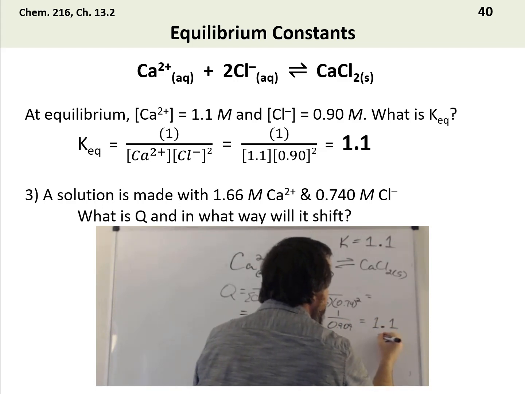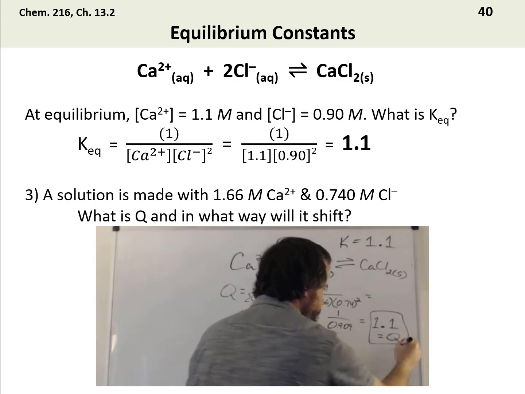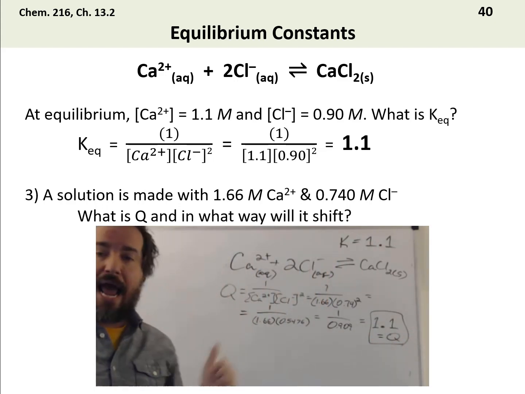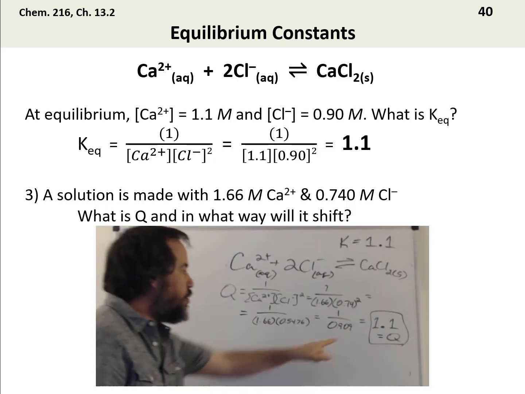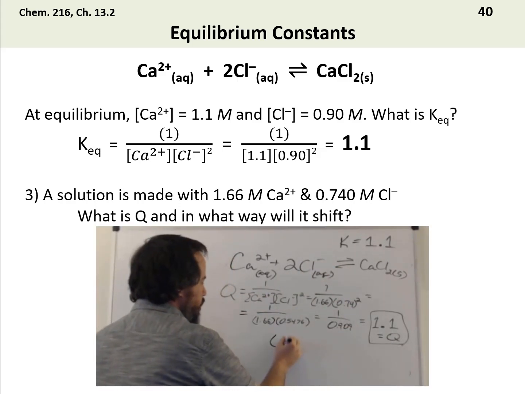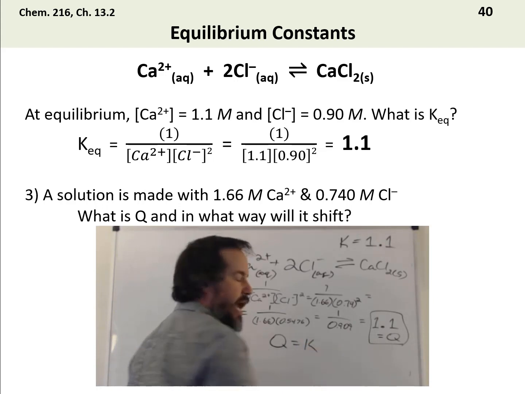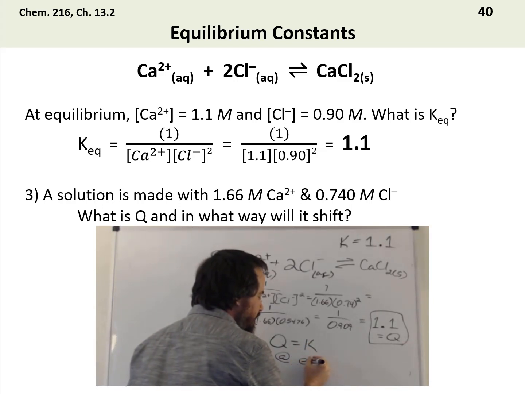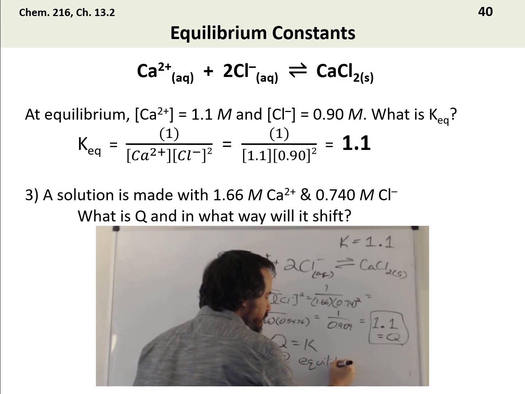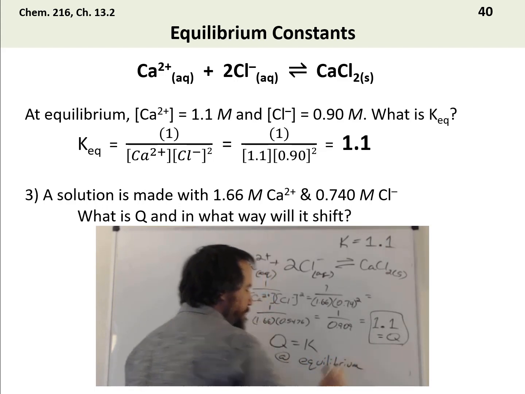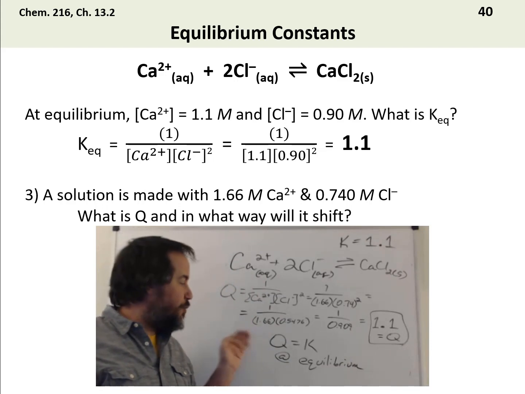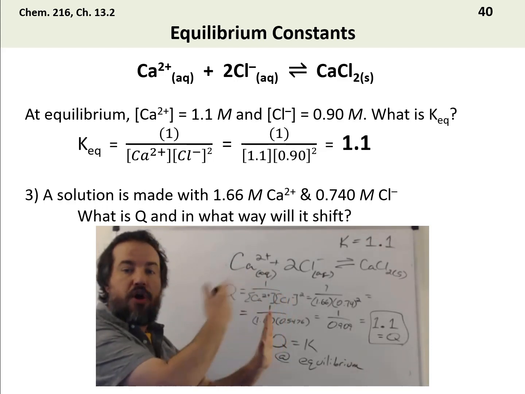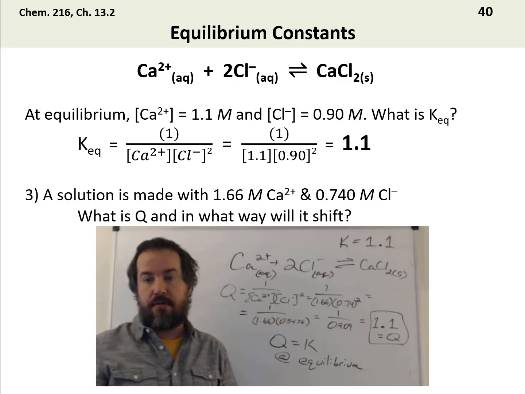This is my Q. So now I can compare my Q to my K. Notice that Q equals K. So what does that mean? We are at equilibrium. Okay? Being at equilibrium means that it won't shift. Okay? It is at equilibrium, so it is already done.